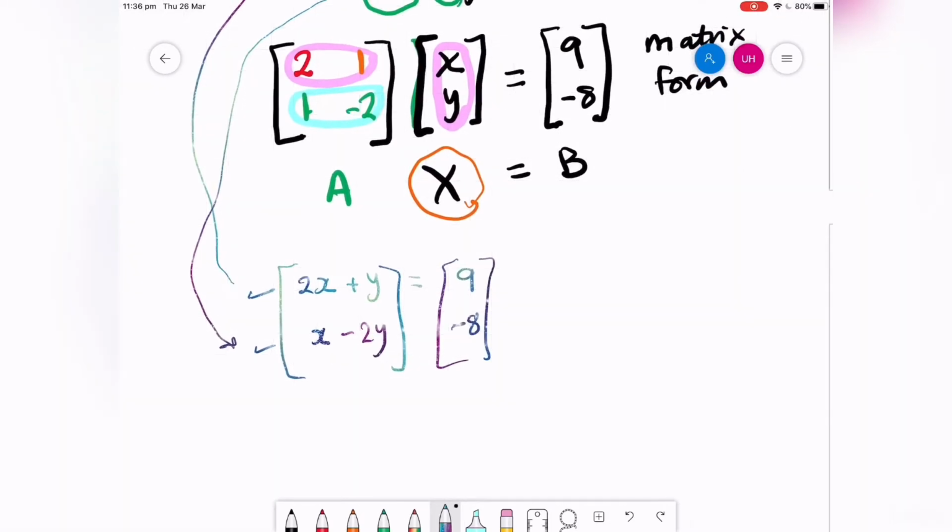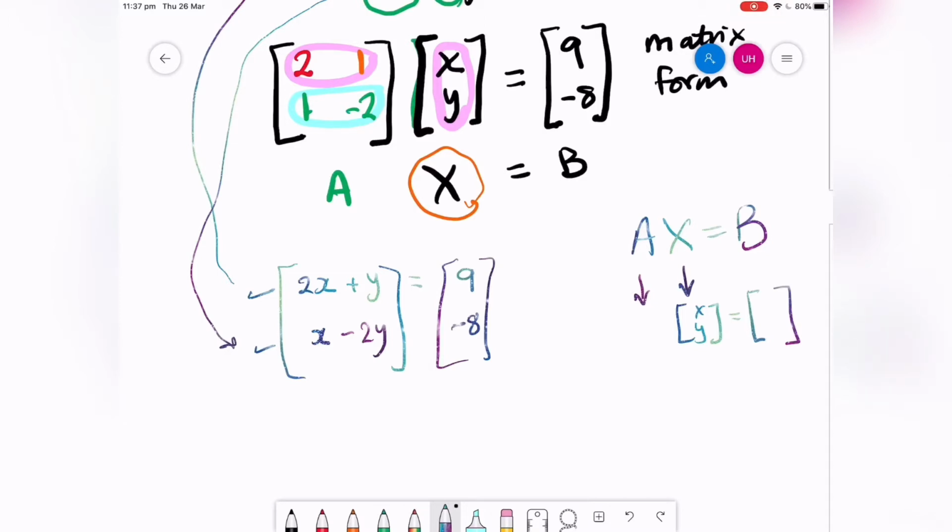Anyway, what we need to know in solving the question is the expression AX equals B, where A is the matrix, X is the matrix of the variables, which means x and y, and this equals B, which is basically the product or the answers of the equations, the constant column.